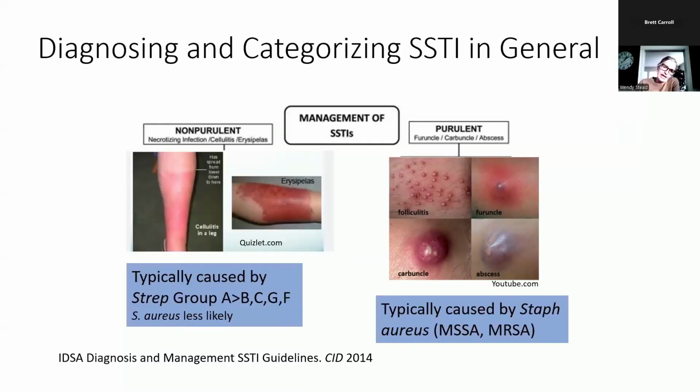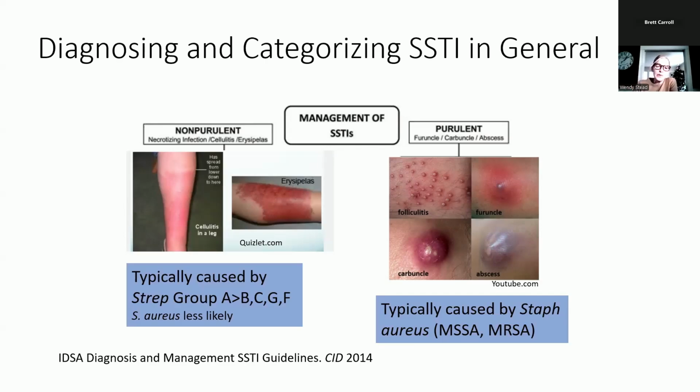And this is in contradistinction to non-purulent SSTIs, which are not associated with fluid collections. And this is more your cellulitis, your erysipelas, which is really just a superficial version of cellulitis. And these are more likely caused by strep organisms. Can they be caused by staph as well? Yes, on occasion, but more likely strep.